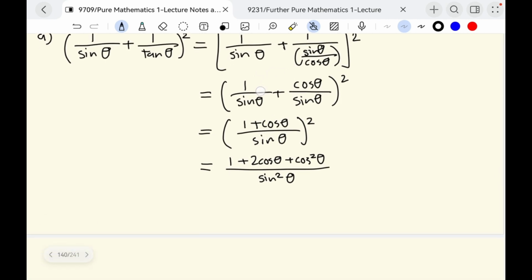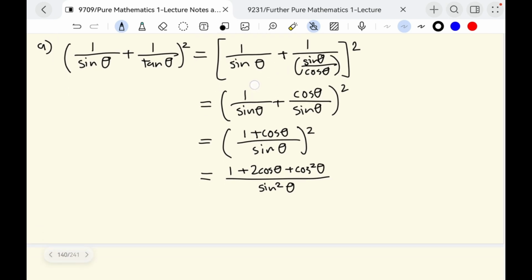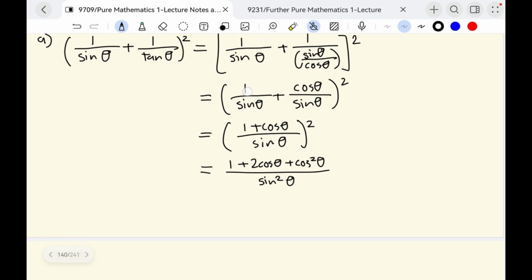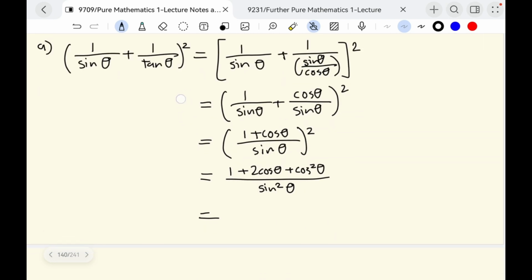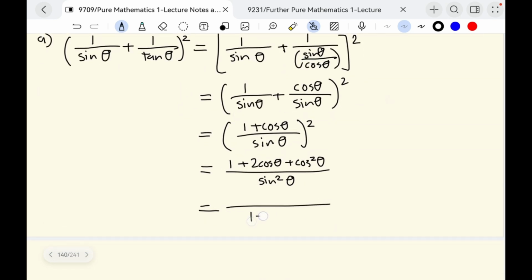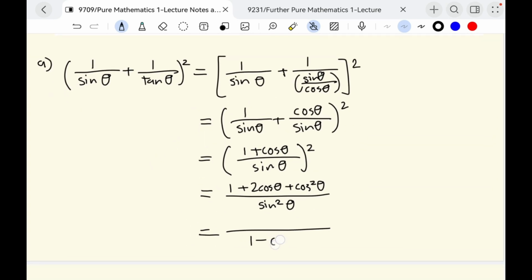And what's next? Let me see. So this is sine square theta. By using the Pythagorean identities, transform it into 1 minus cos square theta. Okay?